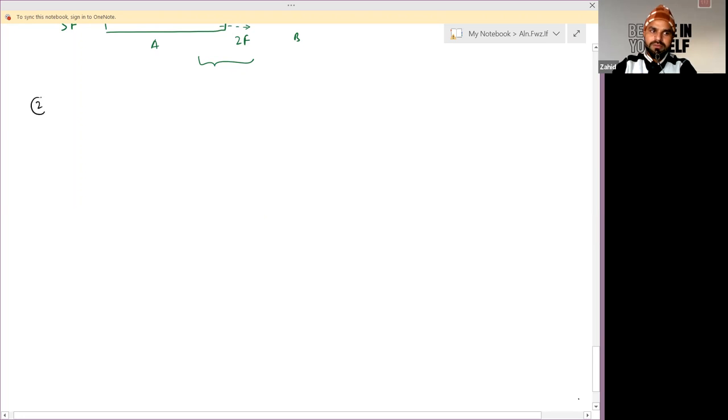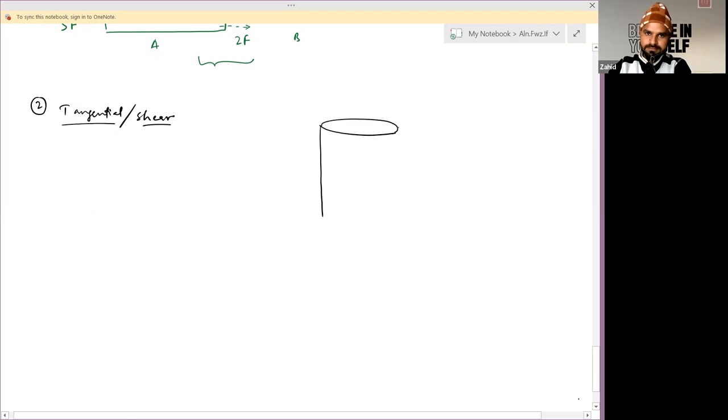Now the next type of deformation is tangential or shear. Suppose you have a cylindrical body whose base is fixed.